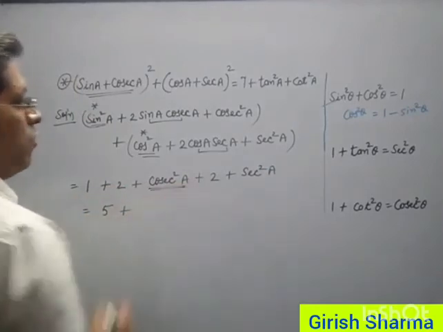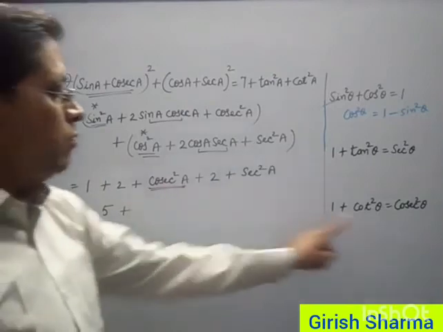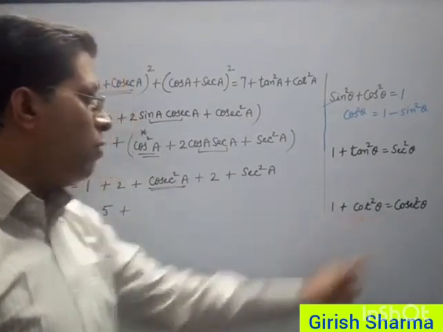Okay. Now what is the formula of cosec square A? What is cosec square theta? 1 plus cot square theta.